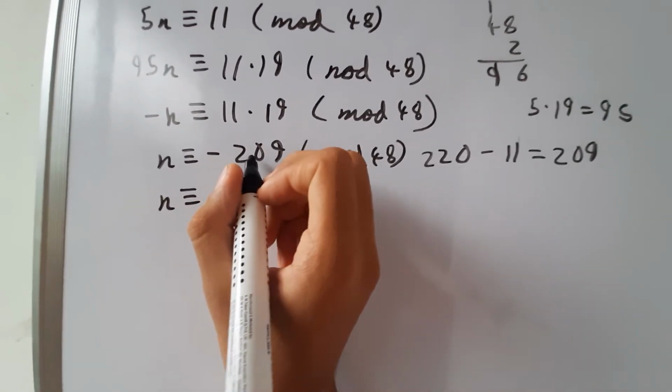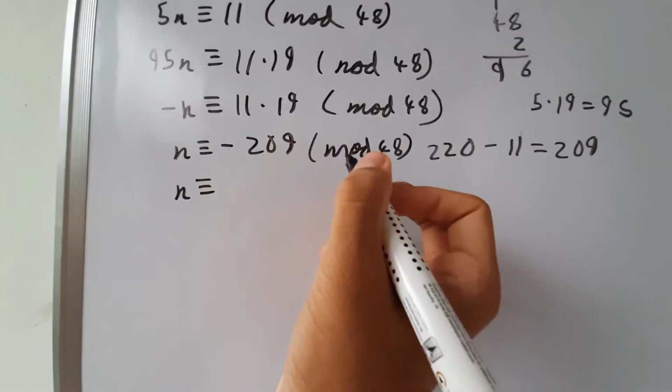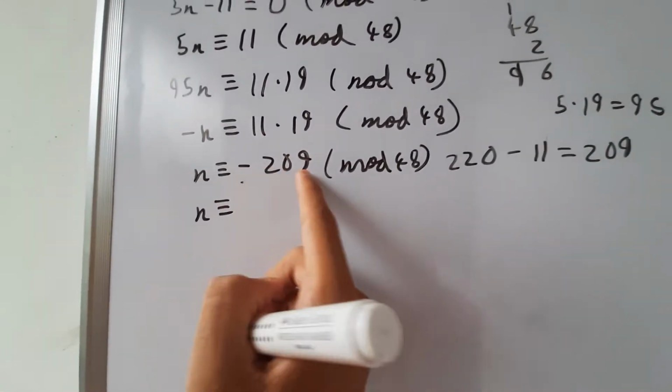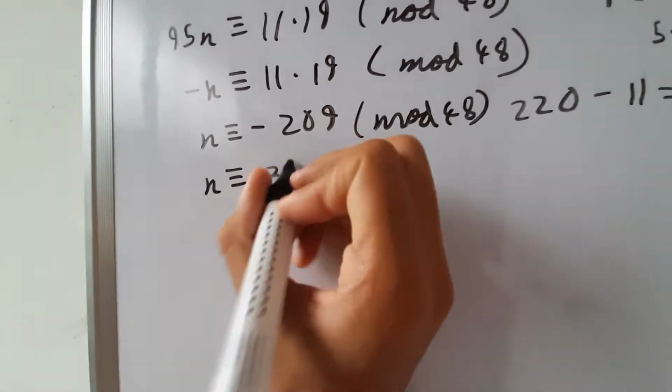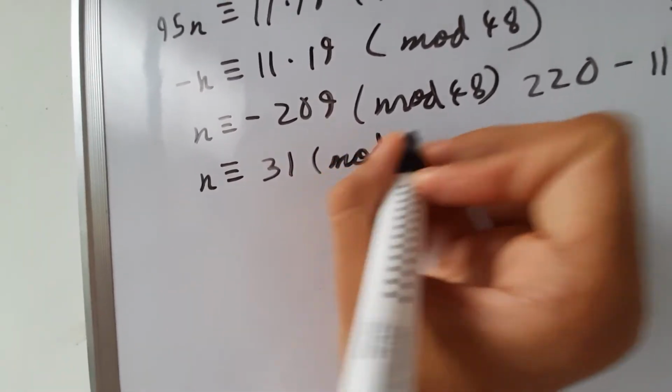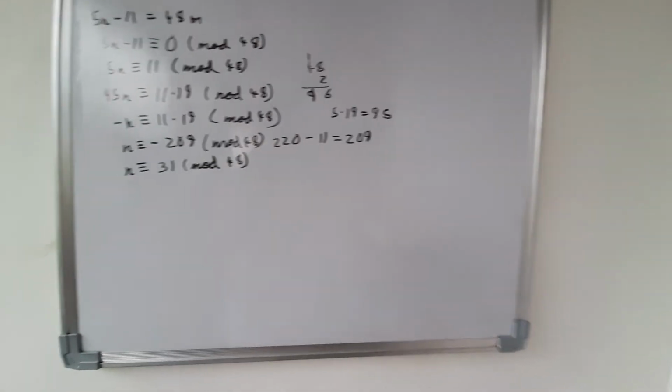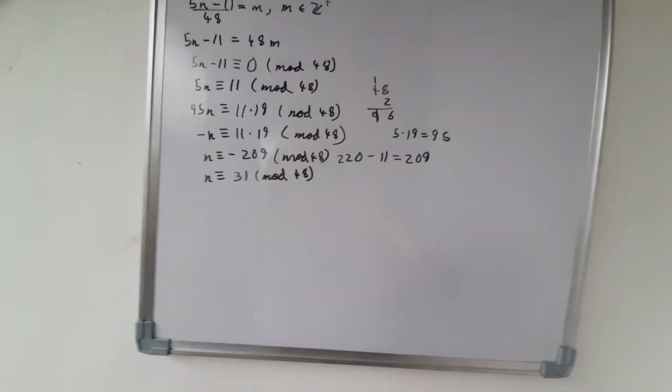So we're adding 240 on both sides, which is 0 mod 48, just to make this positive. So that's going to be 31 mod 48. Yeah, that's pretty nice, and I hope that that's right. I think that's right, but I guess we'll see.